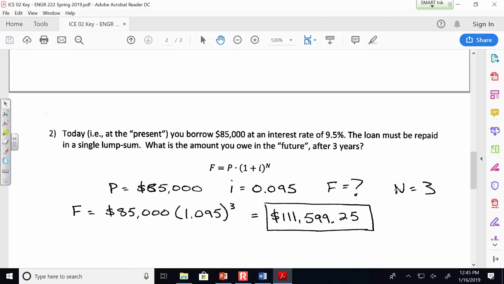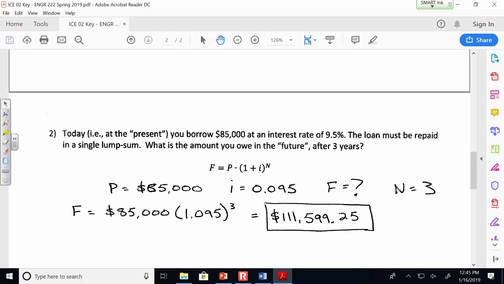And so the way to look at it is that after 1 year, whoever, I guess that's us that's borrowing the money, at the end of 1 year, we owe 85,000 plus 9.5% of 85,000. That's how much we owe at the end of 1 year. But at the end of 2 years, we owe interest on that total amount from the previous.